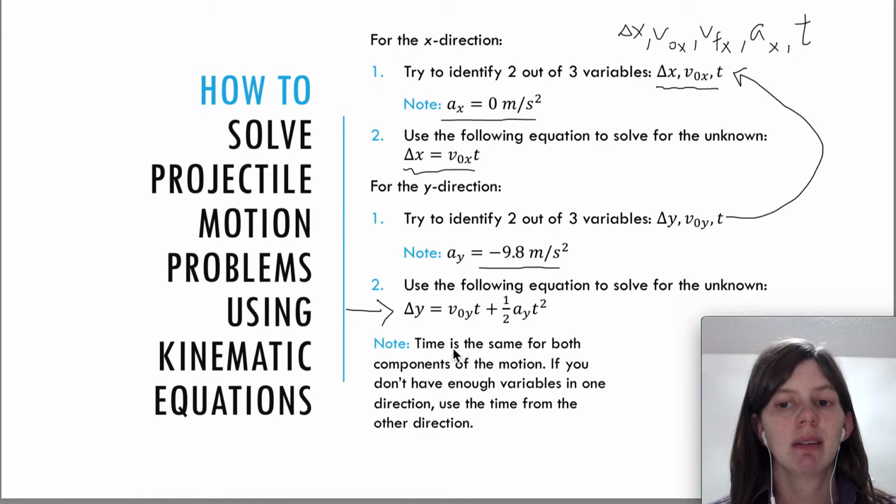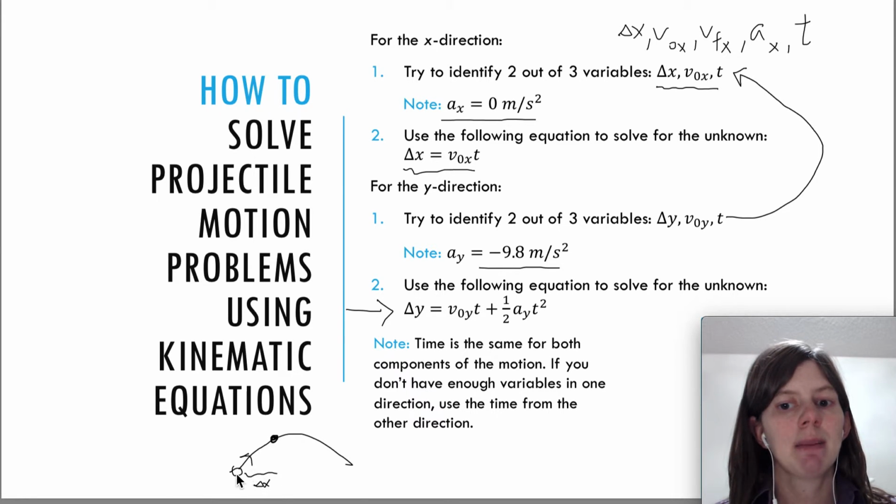And this is because, as I have written in the note here, time is the same for both components of the motion. If you think about it, if you've got projectile motion and say a ball thrown up here, and you care about what happens when the ball is here. When the ball is at this location, it has traveled a certain distance, delta x.